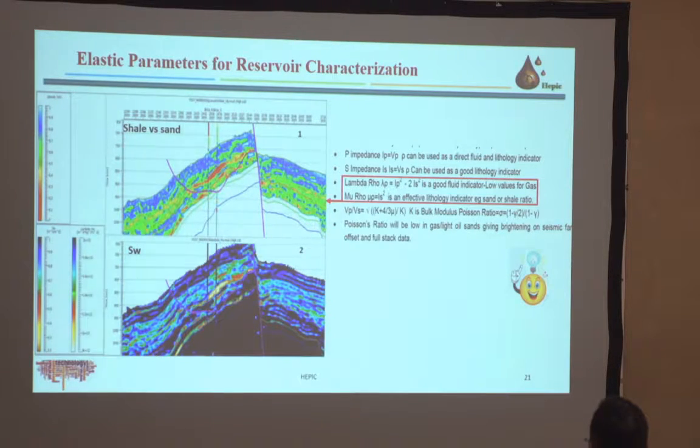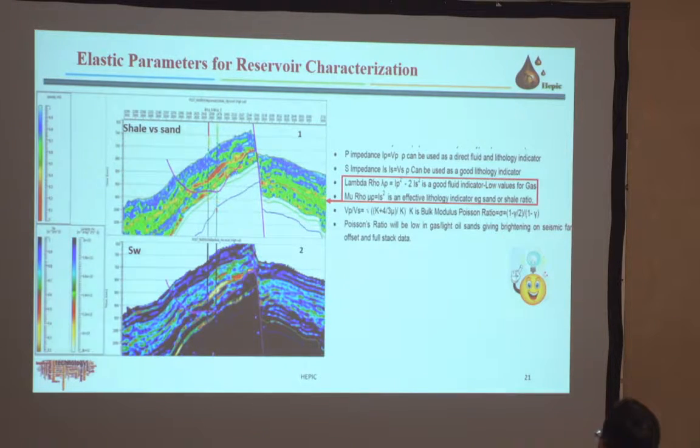This is an example from Tunisia where we have identified the elastic parameters, lambda and mu, for example, mu, which shows the lithology. You can see it's a shaly and sandy reservoir.